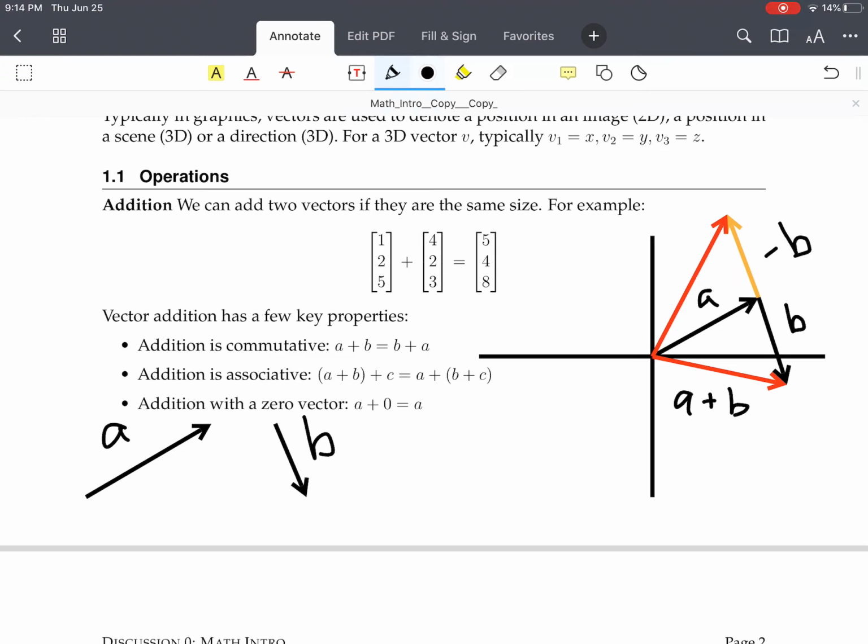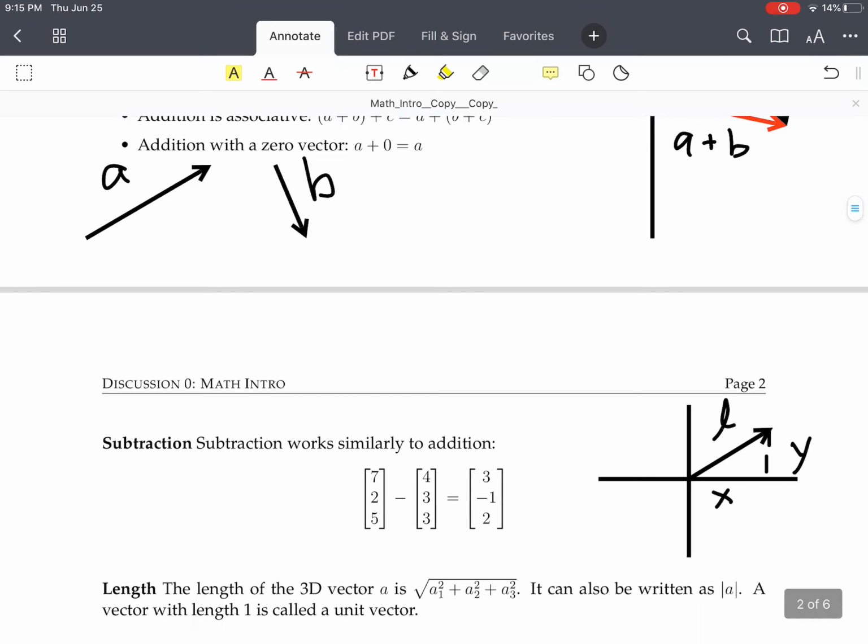And this top red vector, we've done the same thing we did down here for A plus B, except now it's A and minus B. So this is A minus B. And that's the same as element-wise subtraction. You can do the same in 3D and 4D and so on, it just becomes much harder to visualize. So I think 2D is a great place to make sure you have that intuitive understanding.